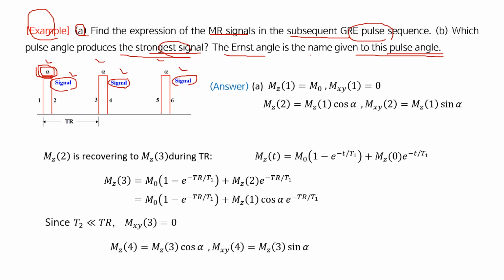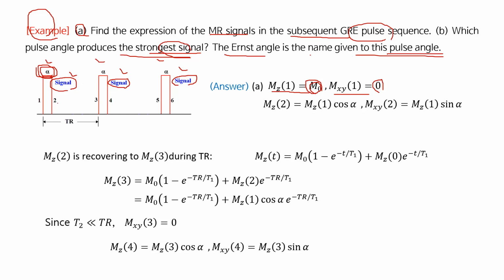At point 1 here, that's M0, right? Longitudinal magnetization has its largest value, so that's M0. And there is no transverse magnetization at point 1, so MXY equals 0.